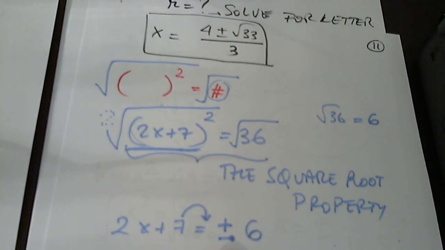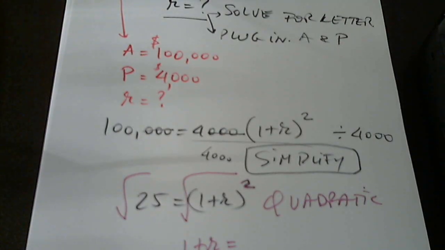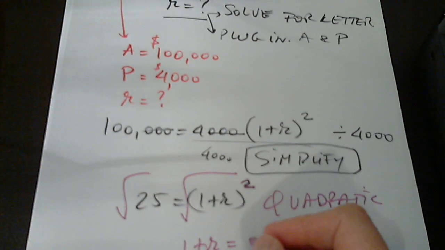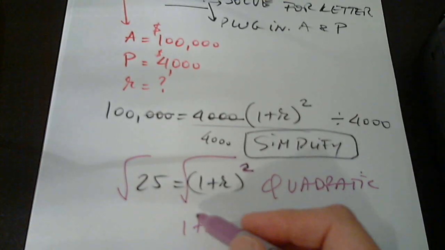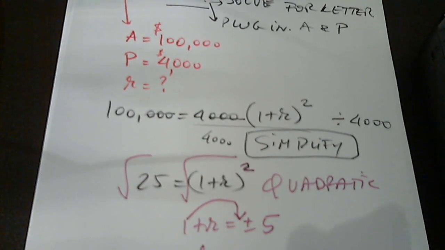What did we say we have to write on the other side? Plus or minus. Yes. So every time we take the square root, we must write plus or minus. I took the square root of 25 and I got 5. The next step is I have to move 1. Of course, I change its sign. So I have R equals negative 1 plus or minus 5.